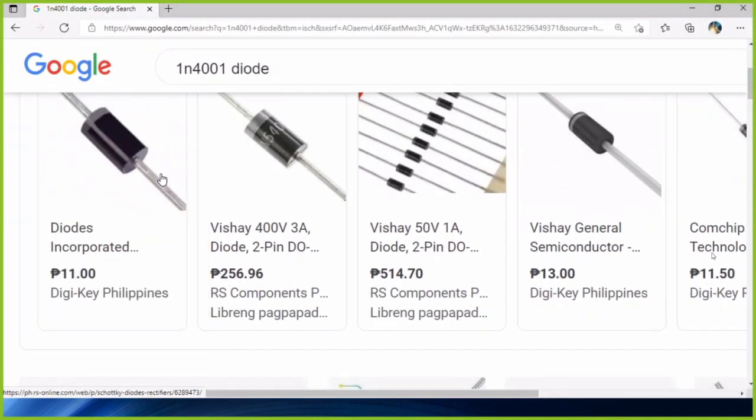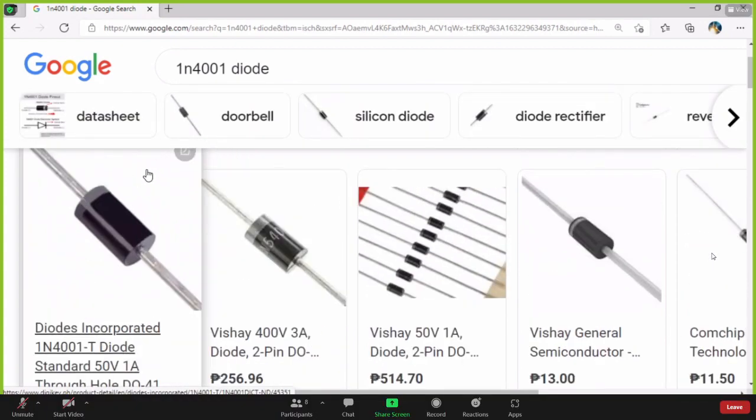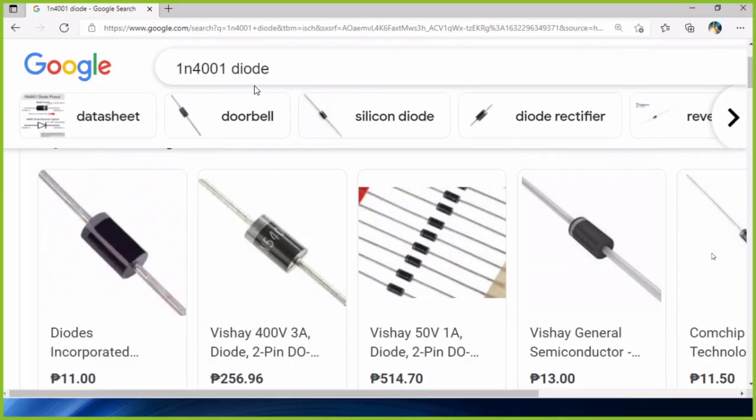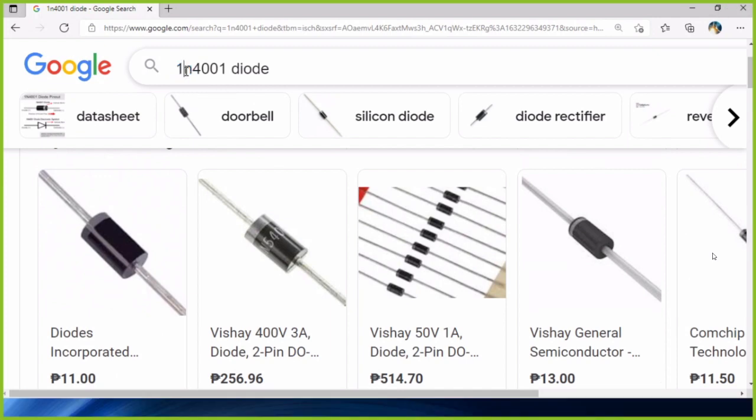Less than 11 pesos pa. Commonly ginagamit ng mga diode, yung 1N4001 tsaka 1N4148 na diode. So mga part number yan. Kung mapapansin nyo, yung unang symbol, 1N, ibig sabihin yan diode yan. Kasi yung 2N, ibig sabihin ng transistor. So anyway, pag-aaralan natin yung transistor. So 1N4001. Part number yan yung isa sa mga commonly used na mga diode.